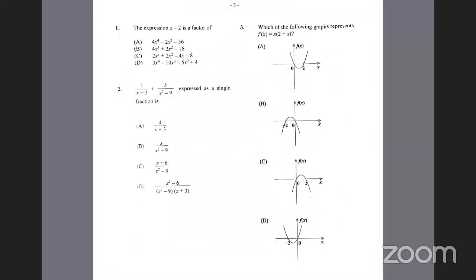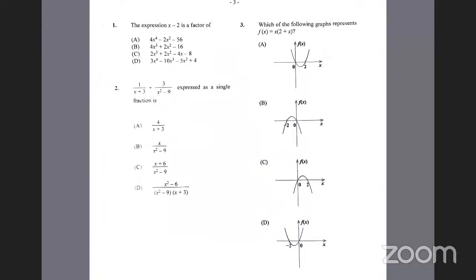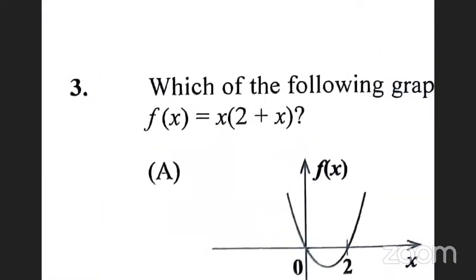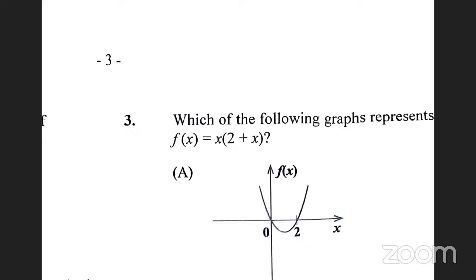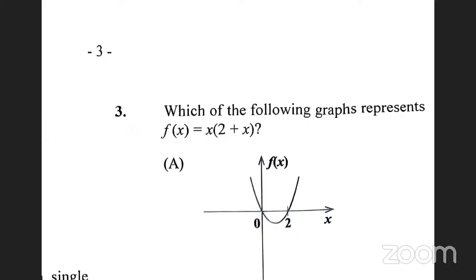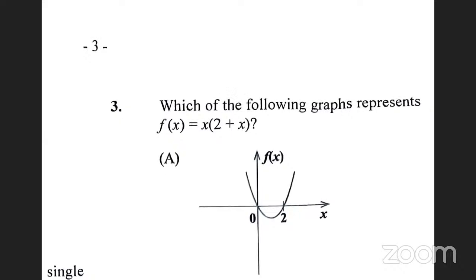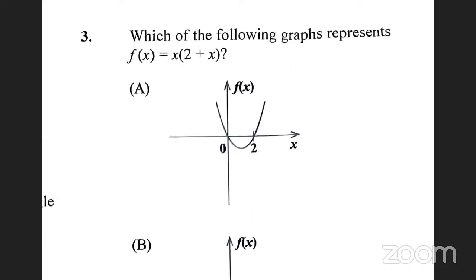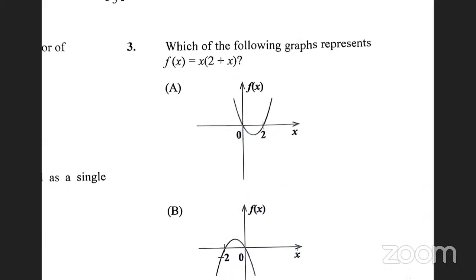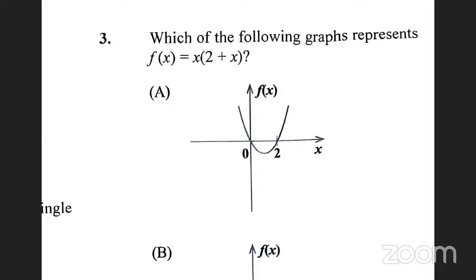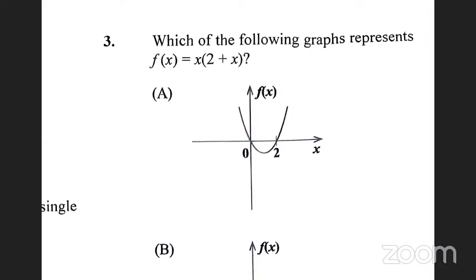Next one. So that's the function x times 2 plus x. Ask yourself, is that a max or a min? And find where it touches the x-axis and you might get the answer. Write it down, x by 2 plus x.